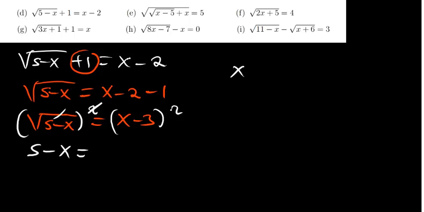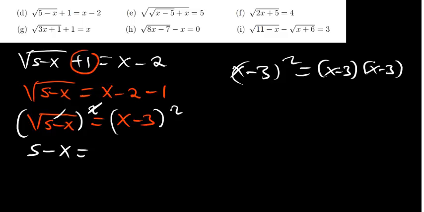Up to this point, any question? Now, for me to get rid of this square root, I can just square both sides. The square and the square root will cancel. Here I'm going to remain with 5 minus x, but here I have x minus 3 squared, which is the same as x minus 3 times x minus 3.